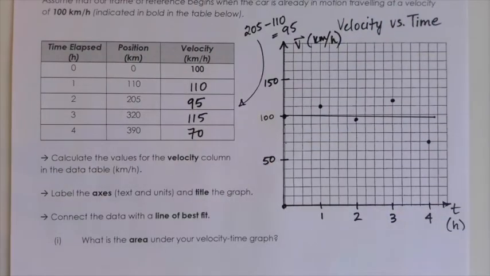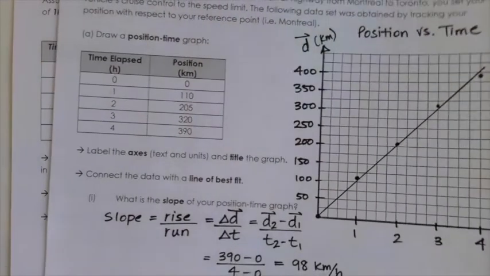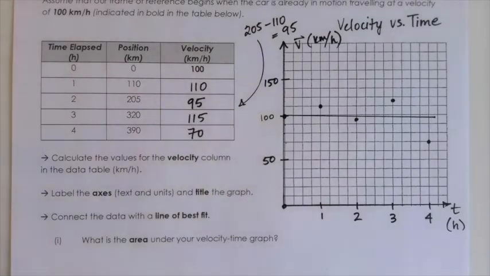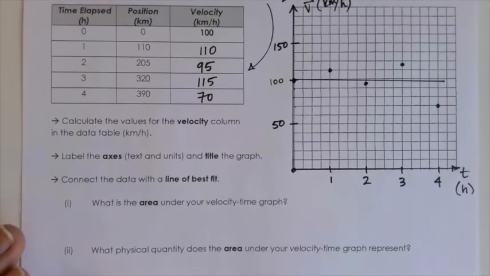Okay, so I have plotted my data points and I have my line of best fit. I changed my y-axis values on this graph compared to how we plotted this one, just because I wanted to be a little bit more zoomed in and see those fluctuations in velocity. There's a little bit of fluctuation, but just plop your line of best fit in the middle as best you can. So what is the area under this velocity time graph?